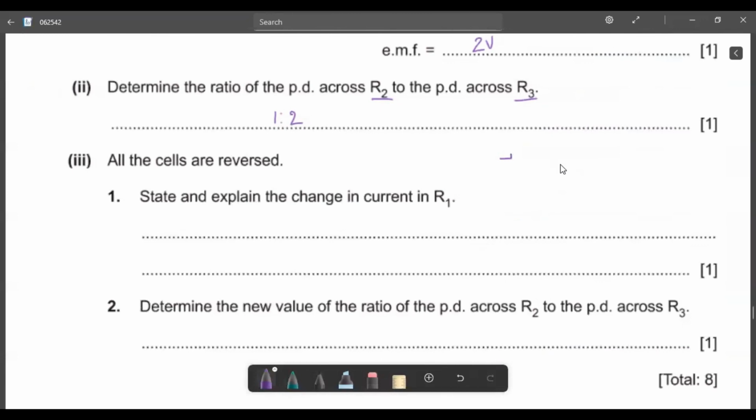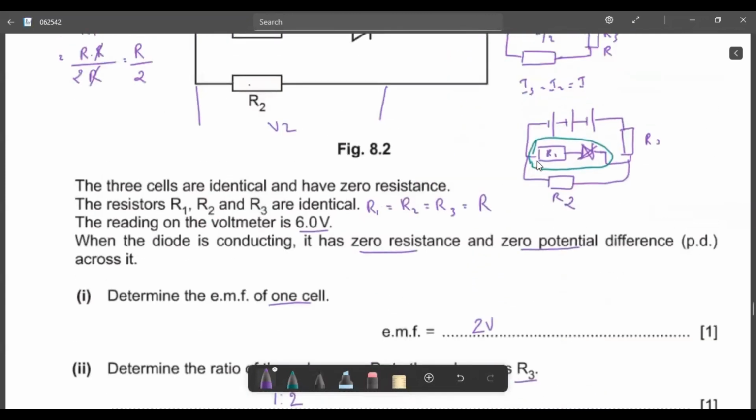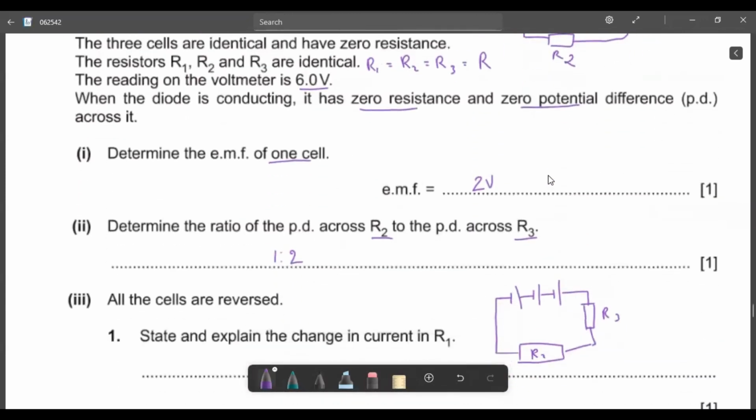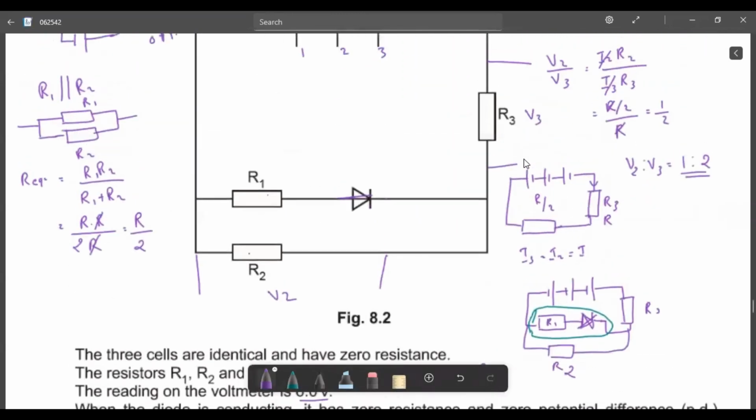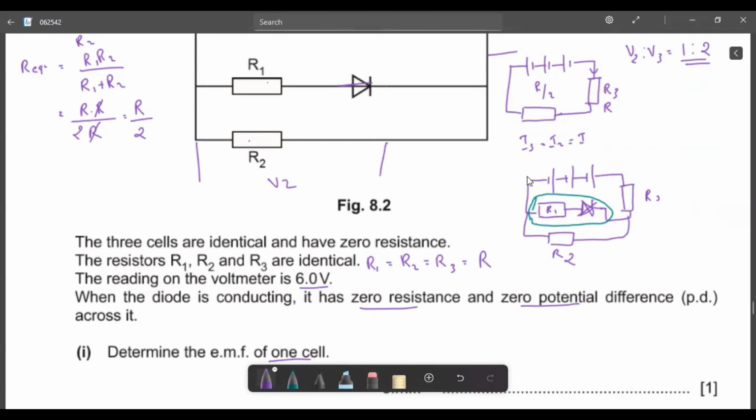As the diode is not conducting, as we have reversed all the cells, here R3 will be there, and here R2 will be there. So in this portion the diode is not conducting. The circuit will be like this, R3, R2.